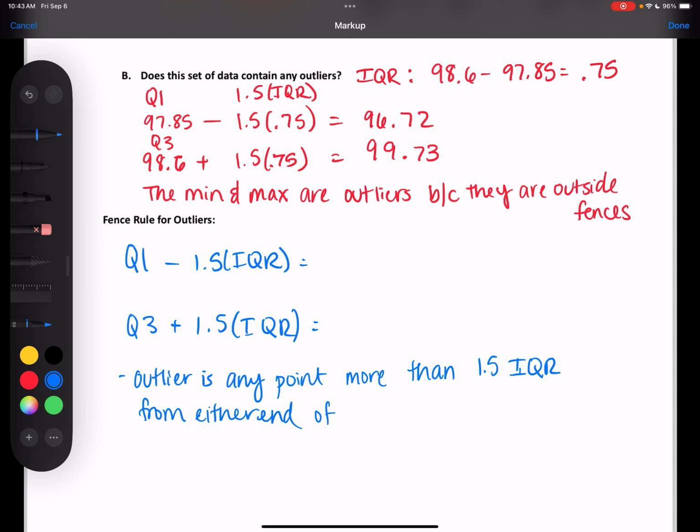I'm going to say of the box plot just because of the visual. Or I guess I should say from either end of the box in the box plot. So basically from Q1 or Q3.